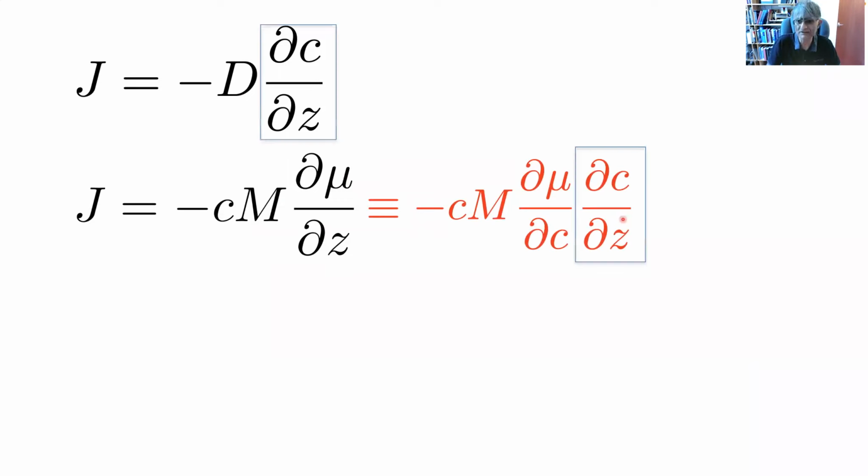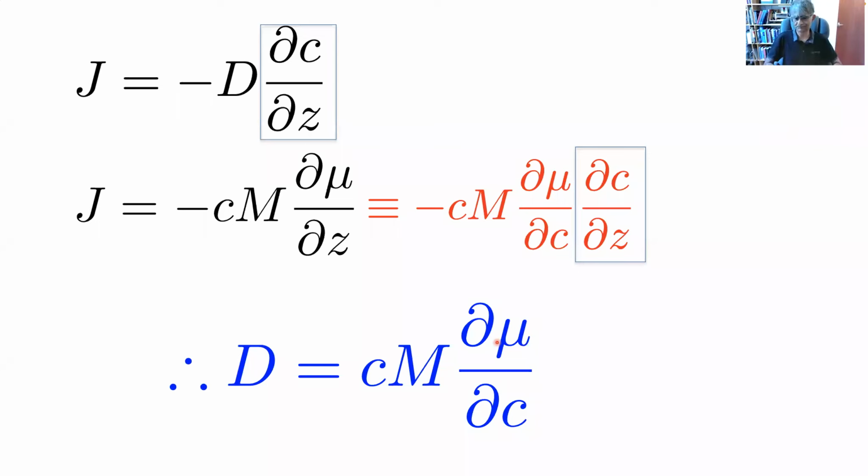So this term is identical in these two equations, and therefore we get that the diffusion coefficient is actually a function of how chemical potential varies with concentration. And that is the reason why when d mu by dc is negative, we get uphill diffusion.